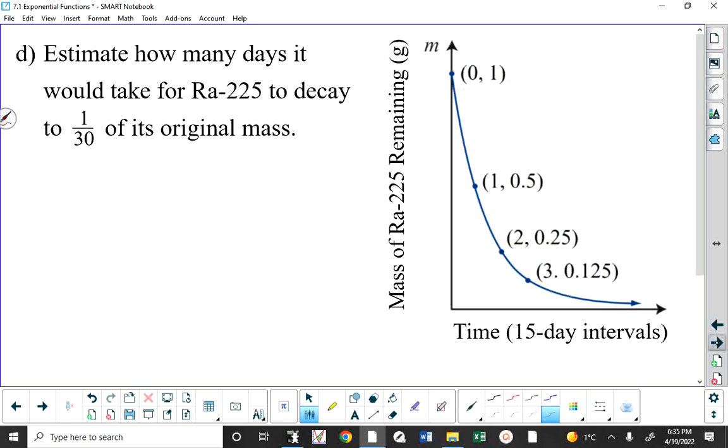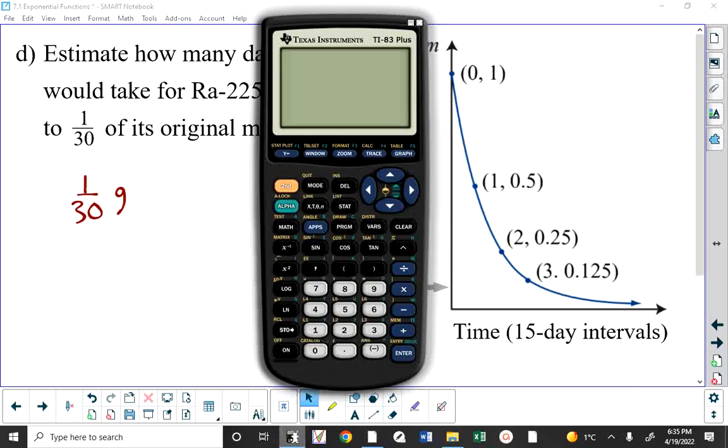D, how long is it going to take to reach 1/30th of its original mass? Well, that would be 1/30th of a gram, which is going to be a pretty small number. Right? What is 1 over 30? 1 divided by 30 is like 0.03 repeating.